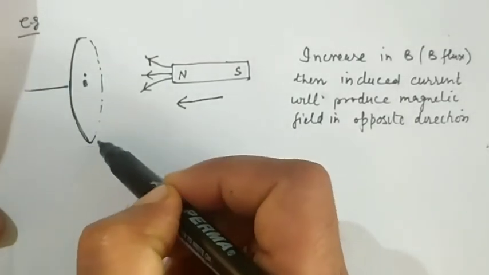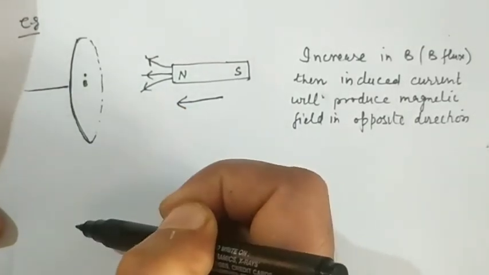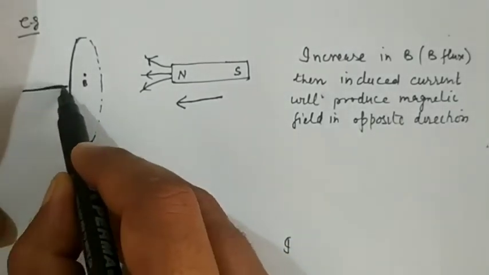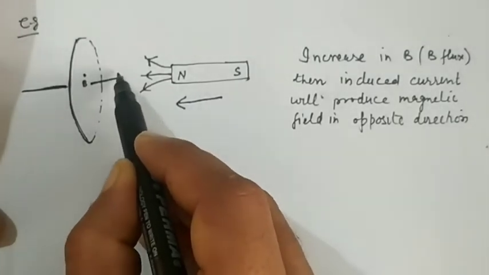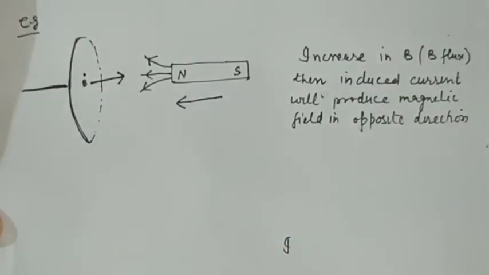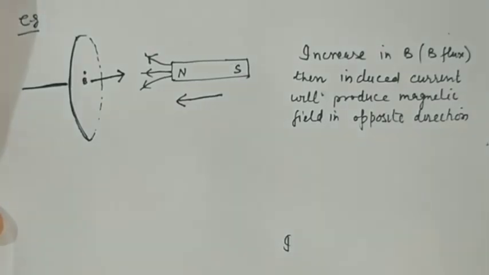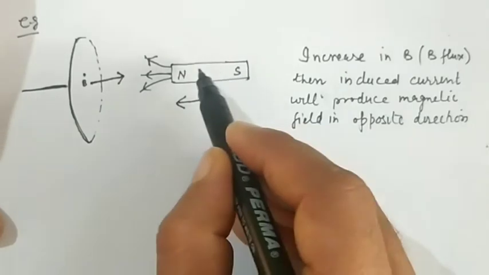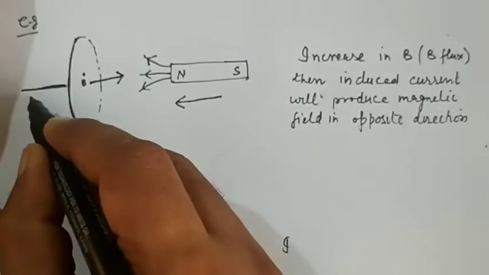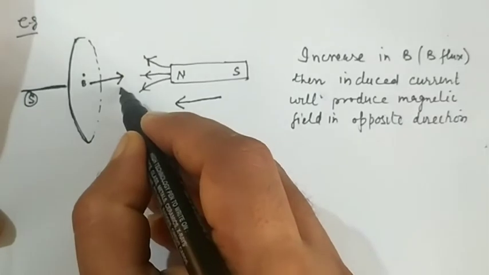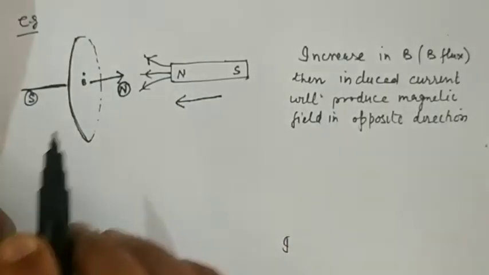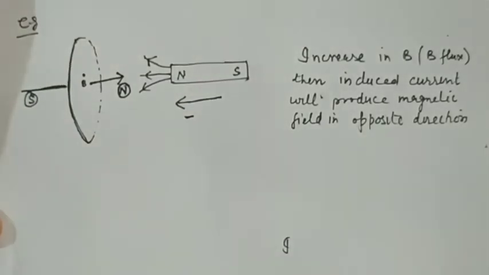The current in the loop is such that it opposes by producing a magnetic field in the opposite direction, along this direction. We know that the magnetic field lines inside a bar magnet move from south to north. So this part will be south and this part will be north, and the north pole repels, which means it opposes this motion.